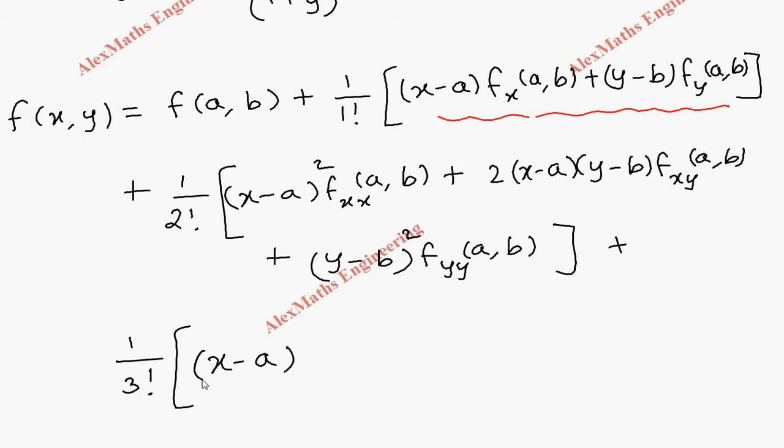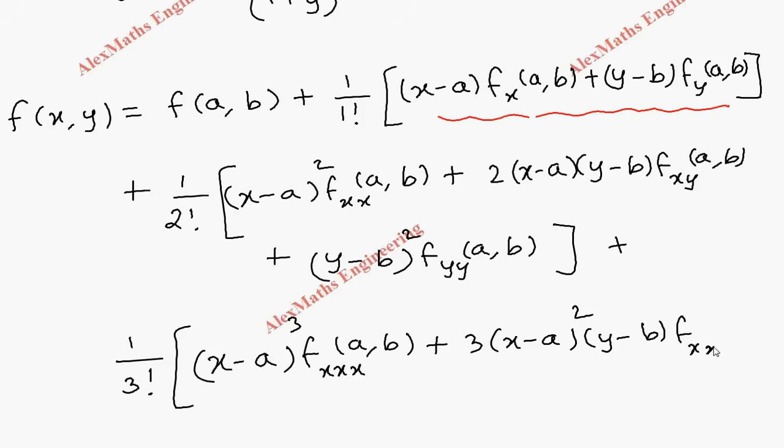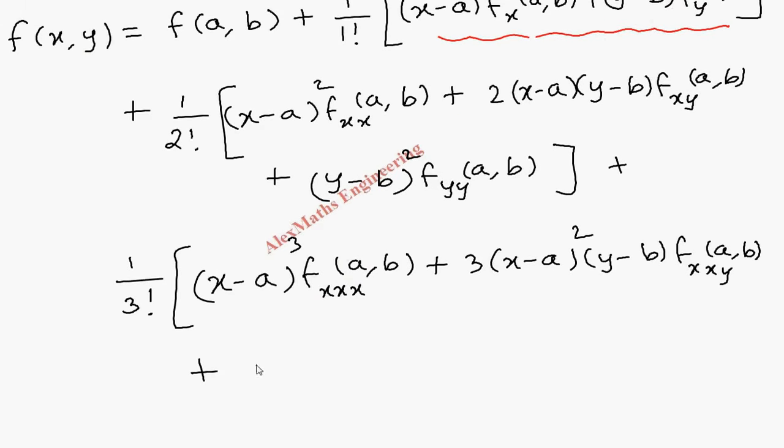So x minus a whole cube into fxxx of a comma b plus 3a square b, so this will have fxxy of a comma b, then plus 3ab square, and this will have fxyy of a comma b, then plus the last term is the b cube term.